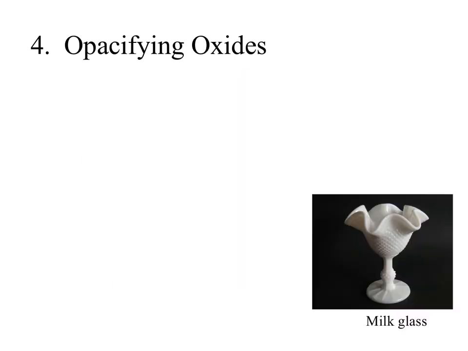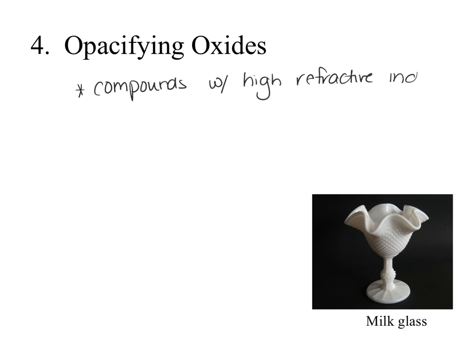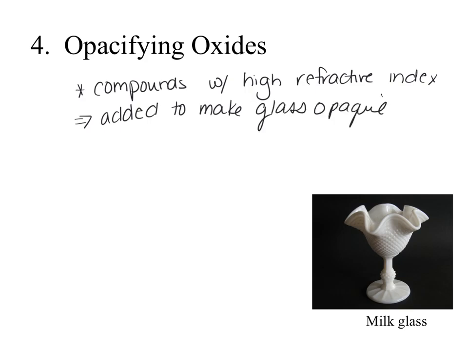And the last oxide that we're going to talk about are opacifying oxides. These are compounds with high refractive indexes. And they're added to make the glass opaque. Right?